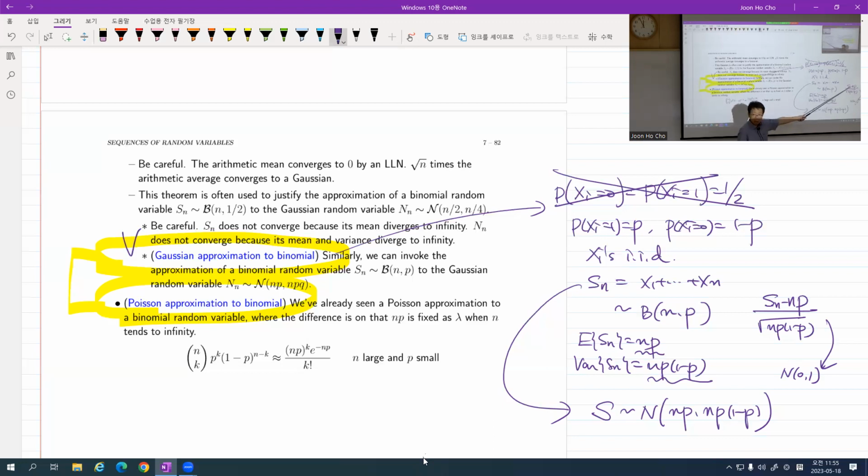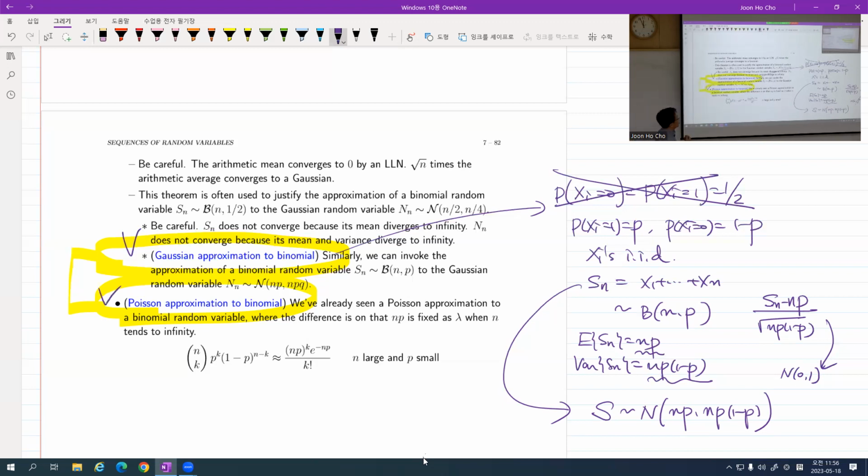And then you add np, so your mean goes back to np. So you can prove that without any difficulty. Actually, after you substitute p with 1 over 2, you go back to the previous example. Actually, the same thing.